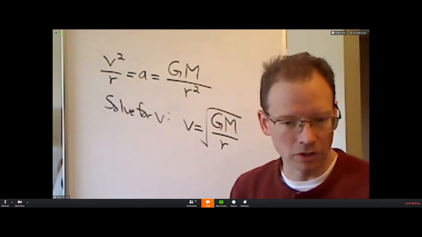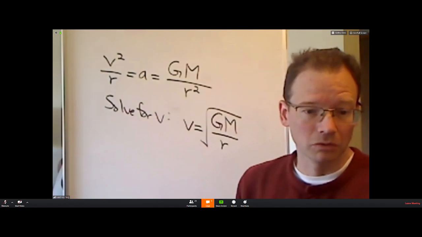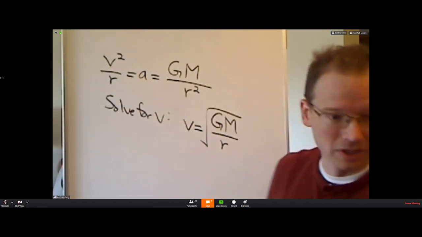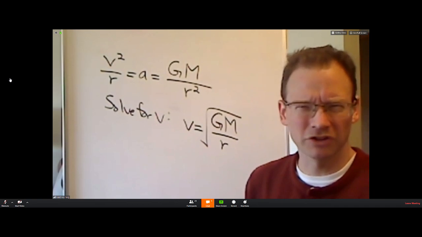Why does it take Mars longer to orbit the sun than the Earth? Reason 1, it's going around a bigger circle. Reason 2, it's going around that circle at a lower speed. So it takes quite a bit longer for Mars to orbit than Earth. And we can look up Mars, I think it's around 3 years, as opposed to, of course, Earth being 1 year.